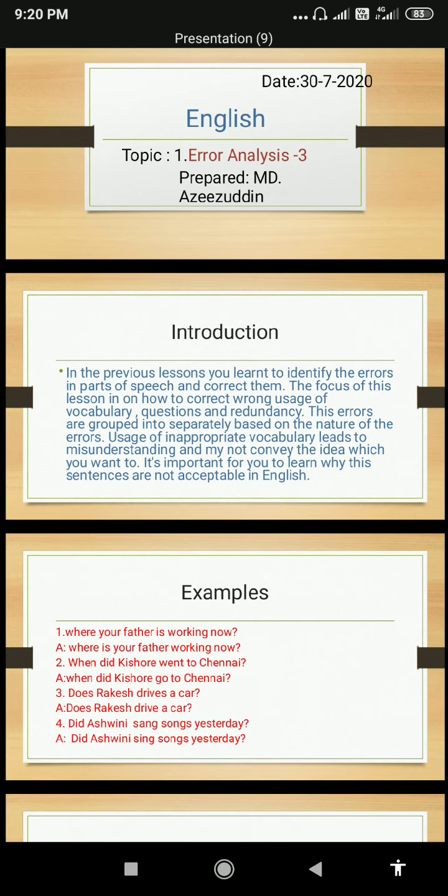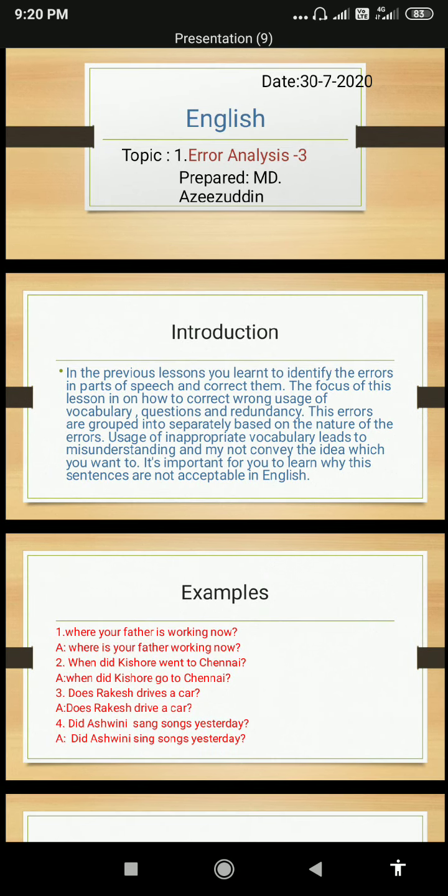WH words always take the be form after them. For that, we have to use "Where is your father working now?" So this is the correct sentence.